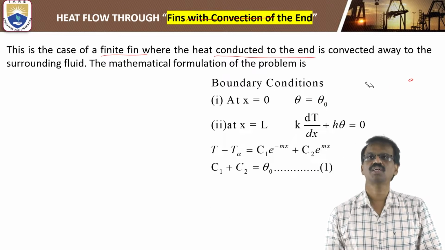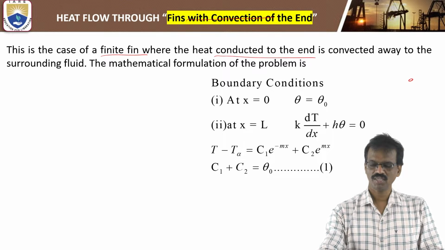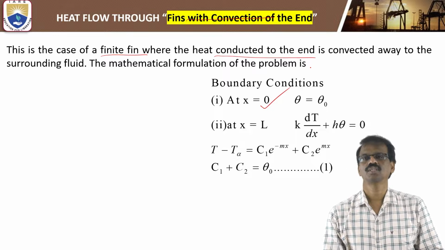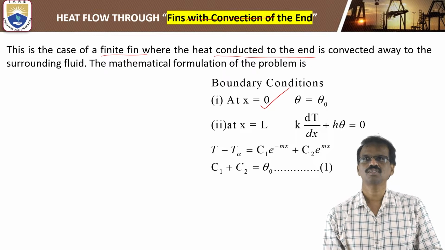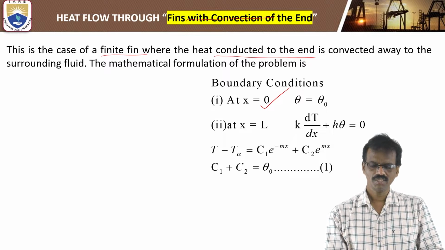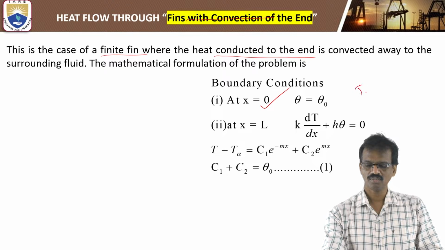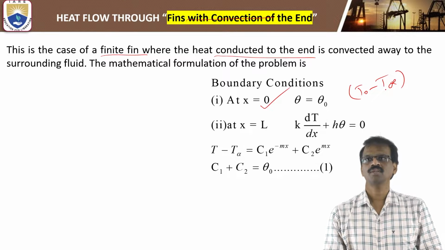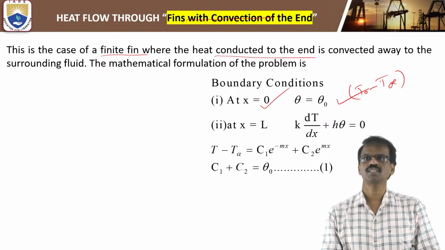Here we will see the boundary conditions. The first boundary condition is the same for the three fins, long fin, short fin and convection at the end: at x is equal to 0, theta is equal to theta naught, nothing but T naught minus T infinity. This is boundary condition 1.